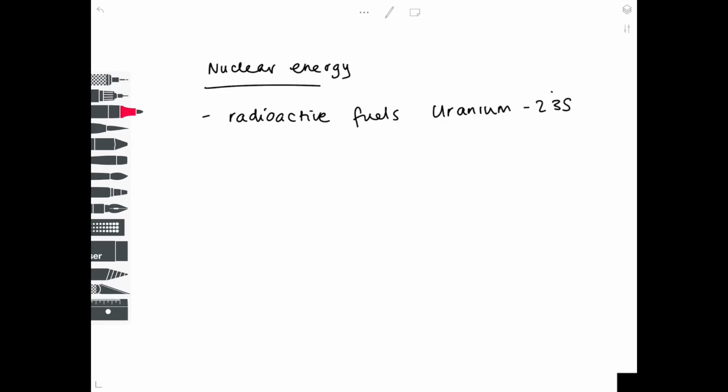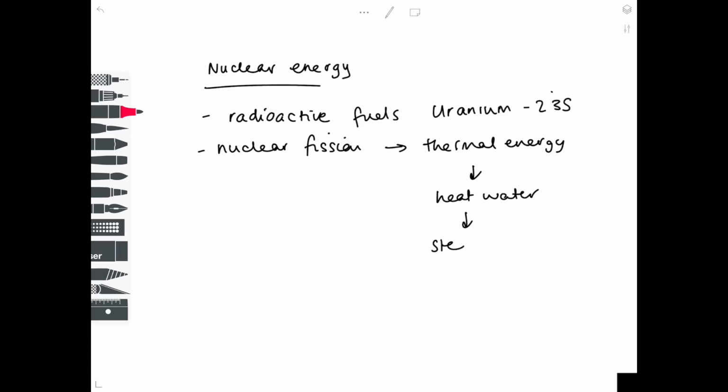Really, for chemistry, you just need to know that when nuclear fission takes place, you generate a lot of thermal energy, which is used to heat water to produce steam. Steam turns the turbine, and the turbine turns the generator, and a generator is a machine which generates electricity, as the name suggests.